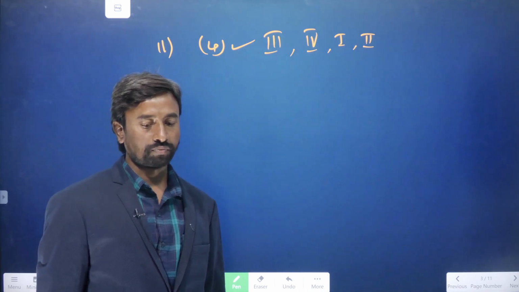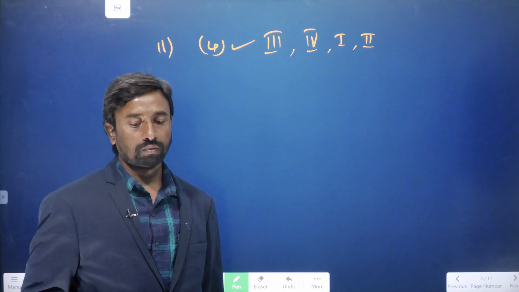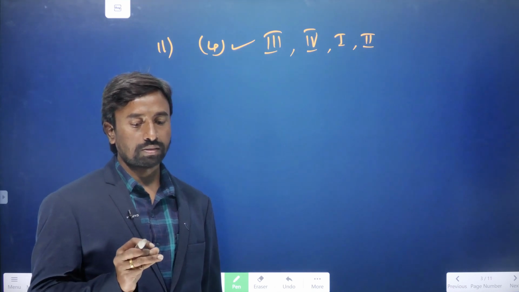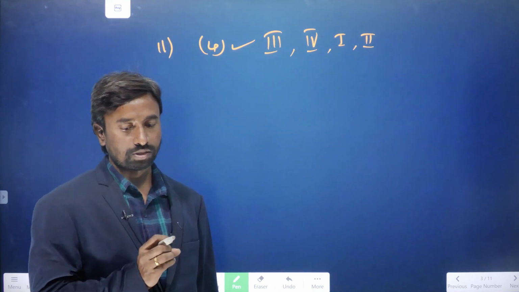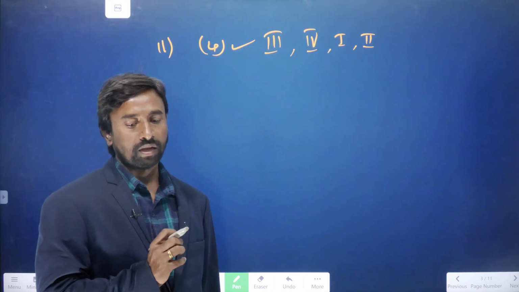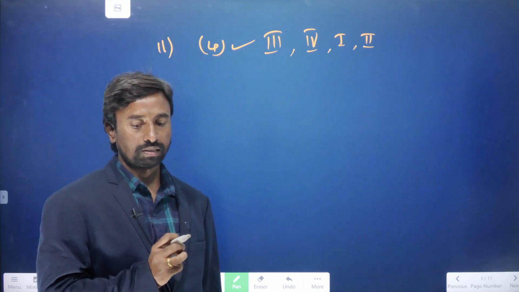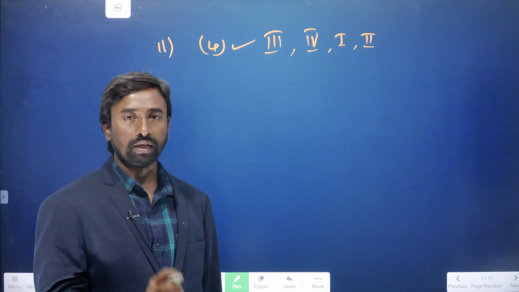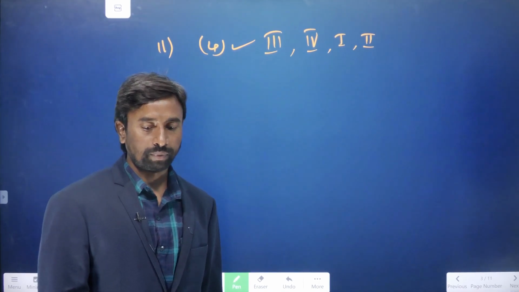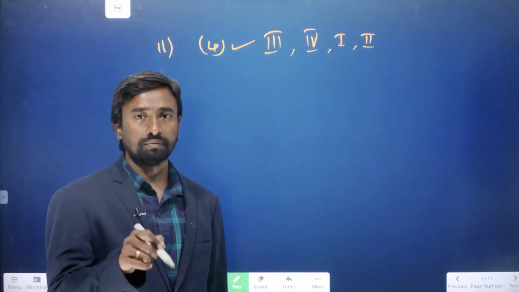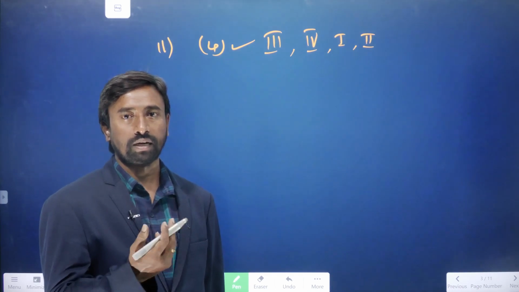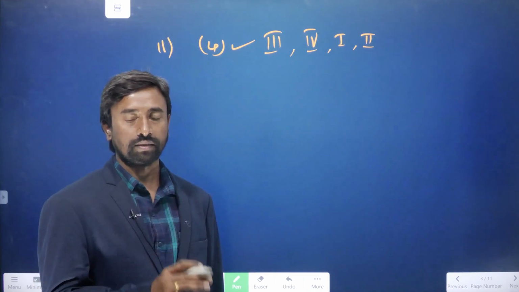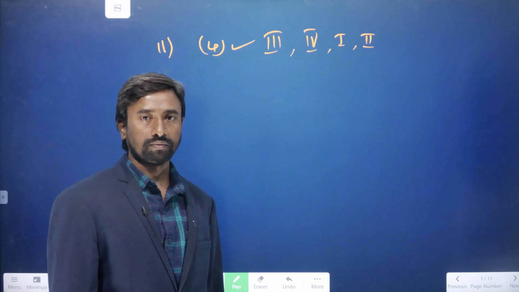Here also we should find out that these are point size dense bodies of same mass attached at four corners of a light square. Light square means we can neglect the mass of the square plate.